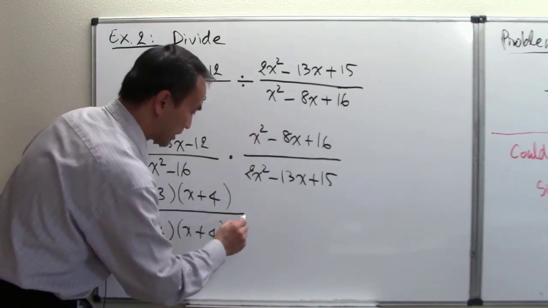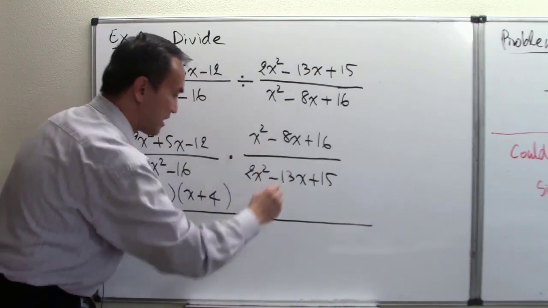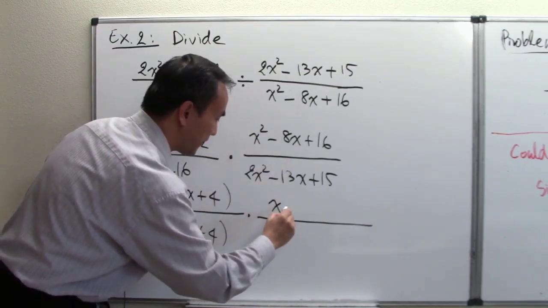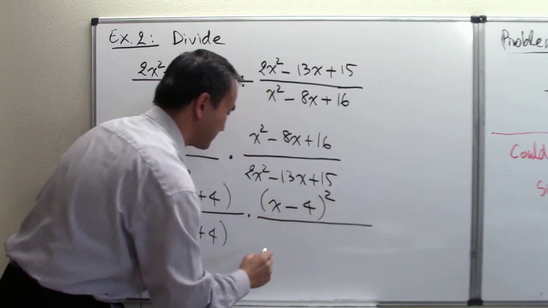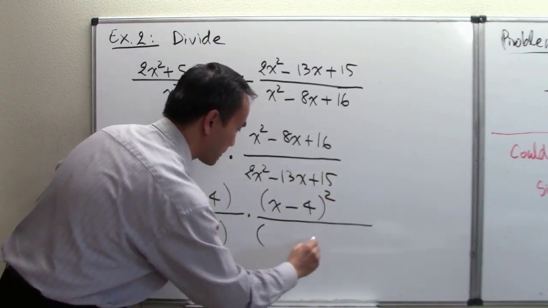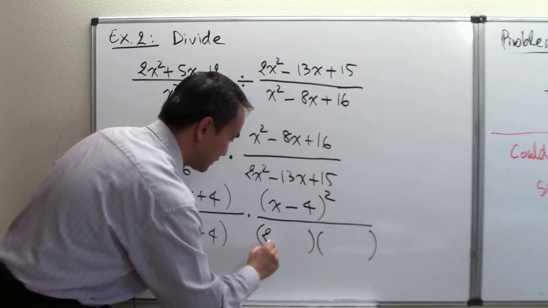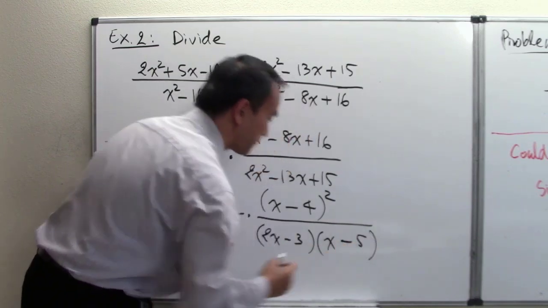The next rational expression, and of course it's a multiplication: the numerator becomes, in factored form, (x minus 4) all squared, and all over, the denominator is factored into (2x minus 3)(x minus 5).